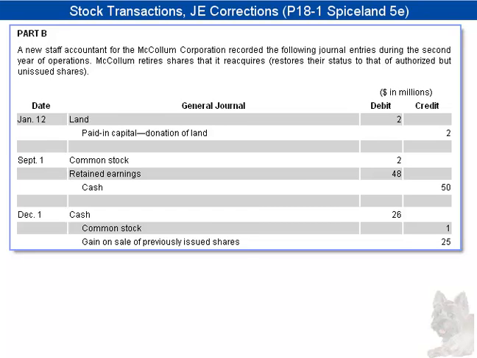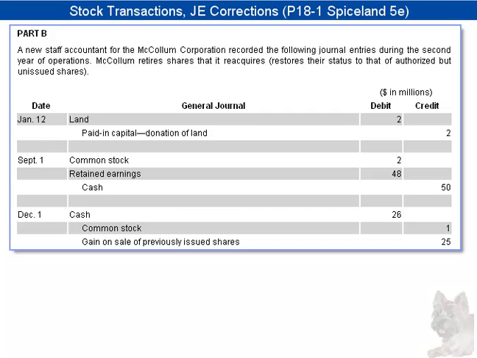Next, we'll tackle Part B. Okay, now you see Part B on the screen. A new staff accountant for the McCollum Corporation recorded the following journal entries during the second year of operations. McCollum retires shares that it reacquires, restoring their status to that of authorized but unissued shares. So on January 12th we see there was a debit to land of 2 million, a credit to paid-in capital donation of land.